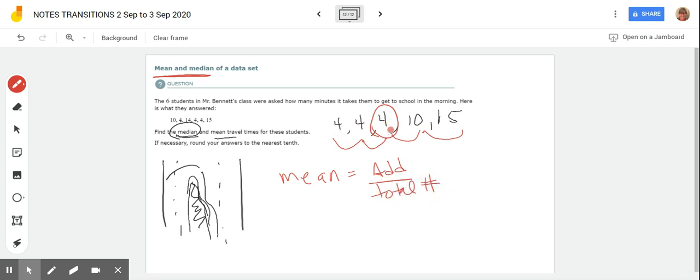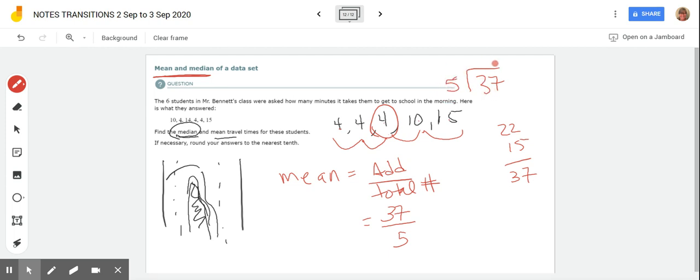So 4 plus 4 plus 4 is 12, plus 10 is 22, plus 15 is 37. So the mean is 37 divided by 1, 2, 3, 4, 5. 5 numbers. Okay? And you could do this over here, or you could do it on a calculator. Oh man, it doesn't go in.